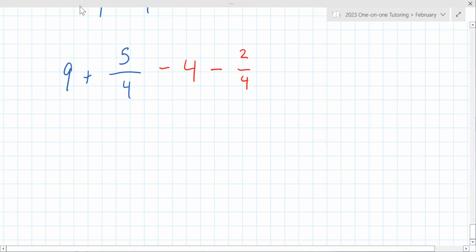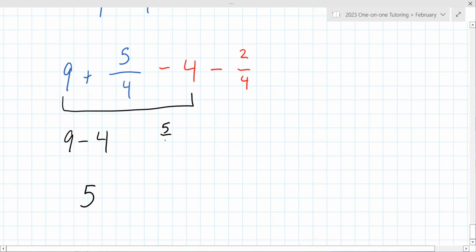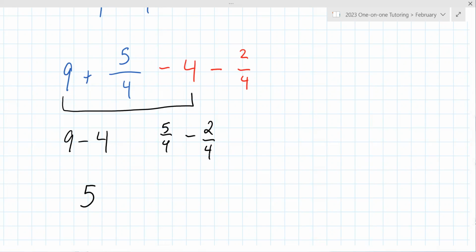So now we can take the 9 and subtract the 4. 9 minus 4. What does that become? 5. Good. And then we're going to do 5/4 minus 2/4. What does that become? 3 over 4. 3 over 4.